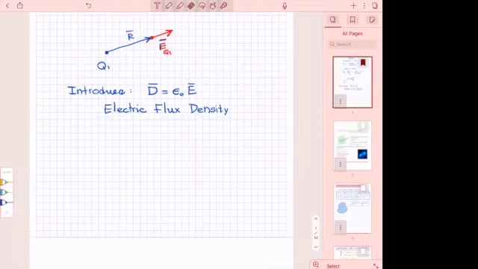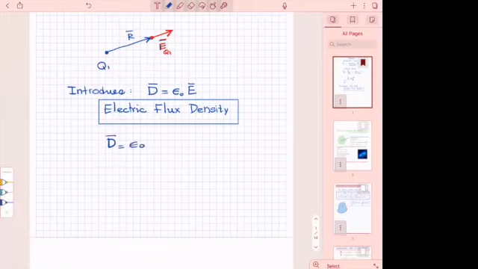We call it density because, as you see when I write the expression for it, if I use the previous expression for the electric field that we got from Coulomb's law, then D will be epsilon naught, and instead of Q1, we'll have Q. Let's say it's not Q1, it's Q now.